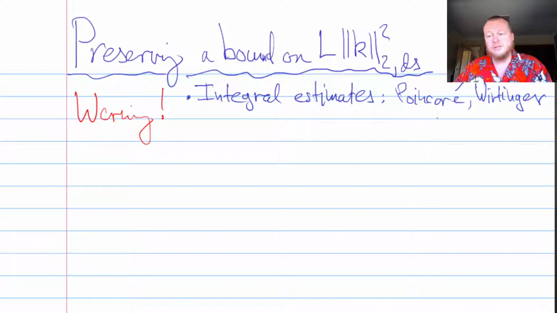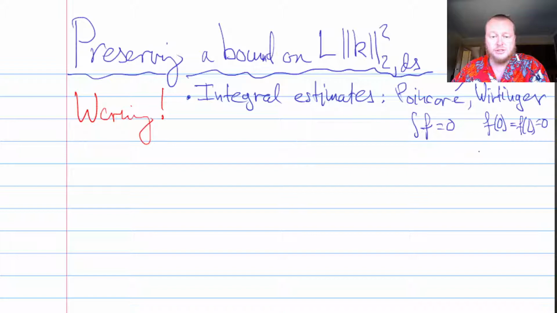These are inequalities that relate the value of a function to the value of its derivative. So Poincare works when the average of a function is 0, and Wirtinger works when there are 2 points where the function vanishes. In our case, Wirtinger is going to be useful when you're talking about the derivative of curvature because of the no flux condition.